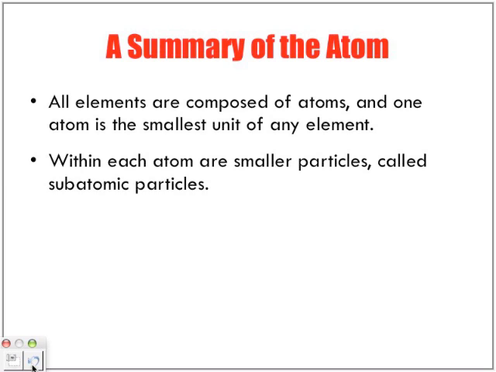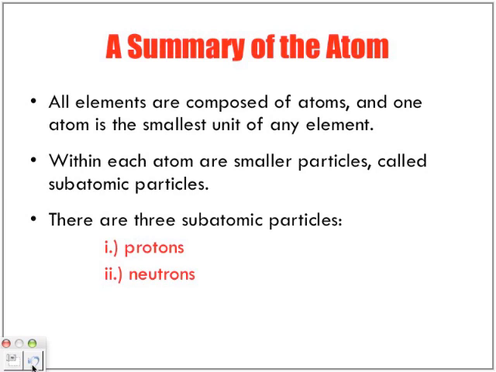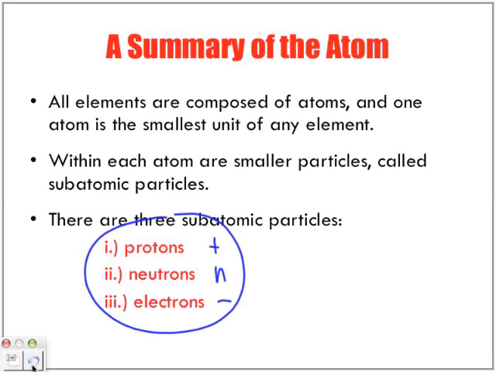Within each atom are smaller particles called subatomic particles. The 3 subatomic particles are the proton, the neutron, and the electron: the positive charge, the no charge, and the negative charge. All three of these together form the atom.